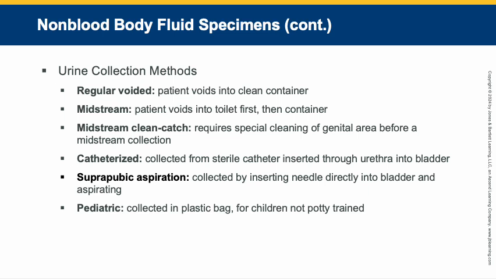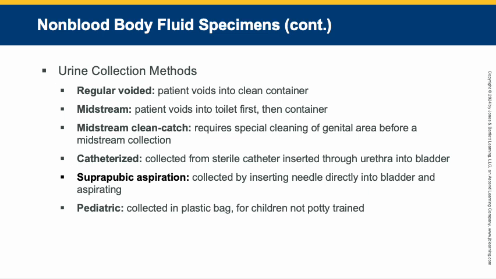Repeat the procedure with a clean wipe, keeping the foreskin retracted if applicable. Void into the toilet for a few seconds. Collect midstream. The rest goes in the toilet, and then they put the top on the lid and so on. You've got to be able to explain this procedure to a patient in their terms. Okay, so that's step by step how you do that.